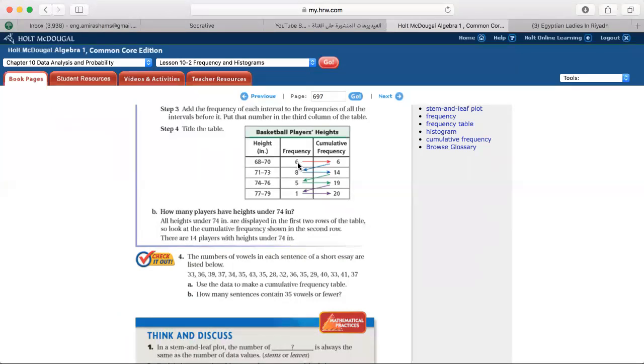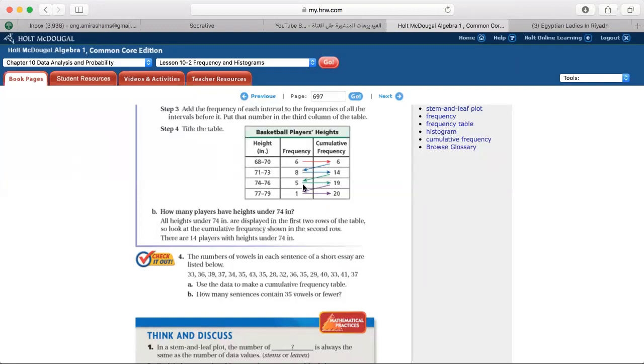So for the first one, I don't have a frequency above it, so I'm going to write 6. For the second frequency, I will write the frequency and the frequency above it. So 8 and 6, 14.